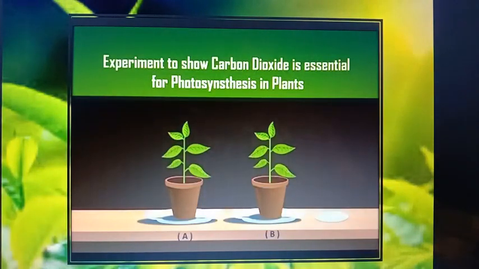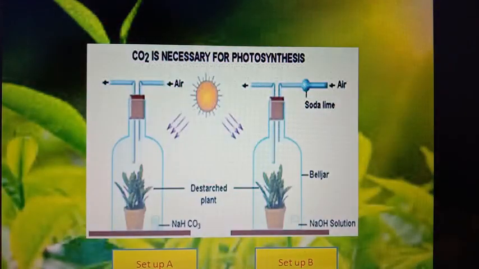Next is the experiment to show that carbon dioxide is essential for photosynthesis in plants. For that, the requirements are 2 potted plants, 2 bell jars, watch glass, sodium hydroxide or NaOH, sodium bicarbonate or NaHCO3, corks, delivery tube, etc. Now, what is the procedure?